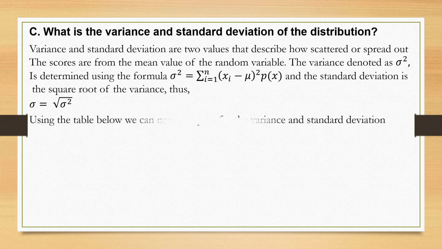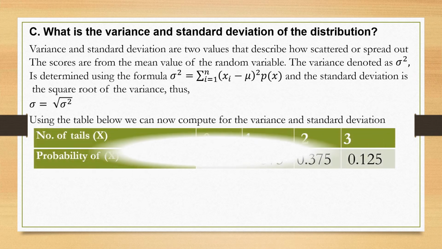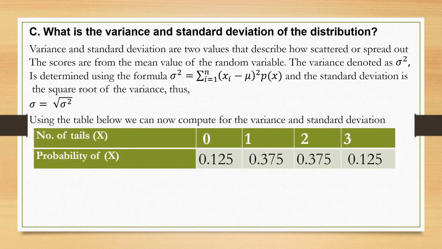So that is actually the formula for computing the standard deviation. Okay, using the table below, we can now compute for the variance and standard deviation. So we have here the probability mass function as what we obtained from our first concept in the experiment. So we can now use this formula to identify first the variance, because the standard deviation is very simple to compute when we are done computing for the variance, because it is just the square root of the variance.